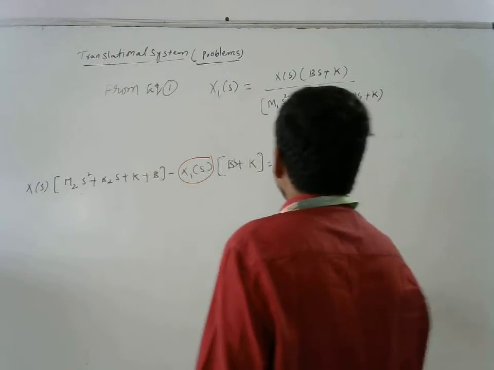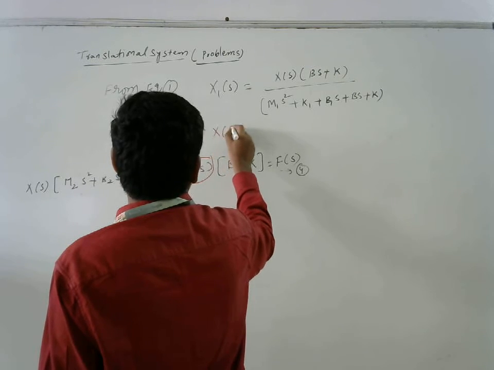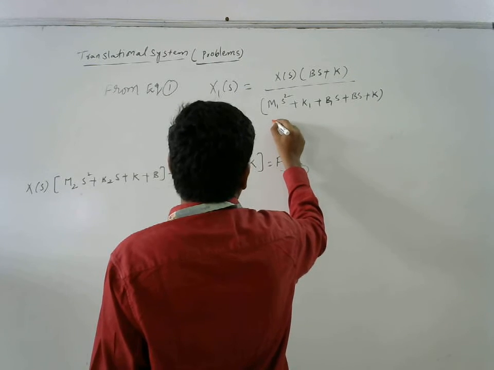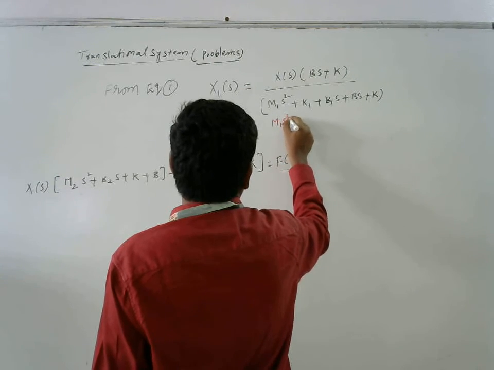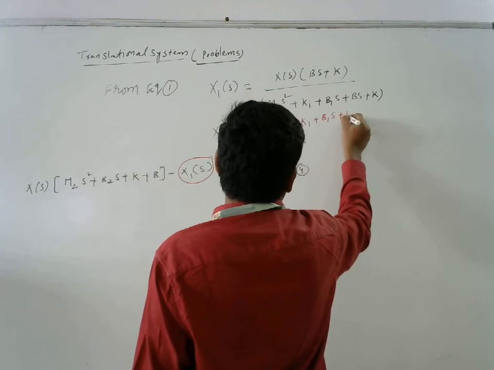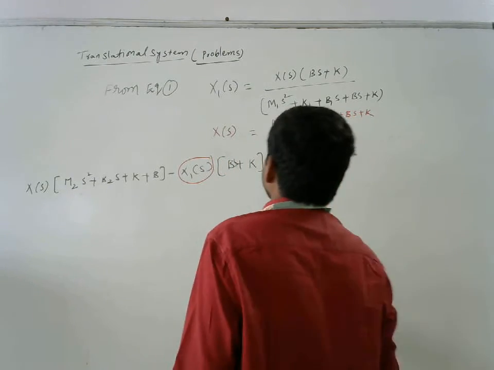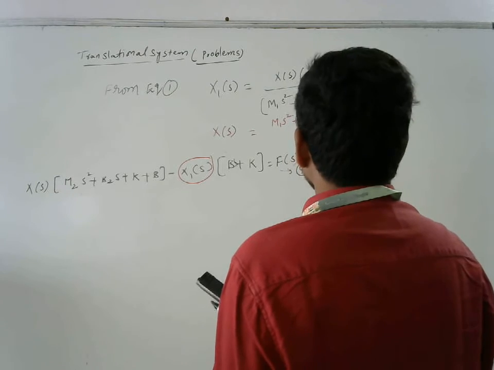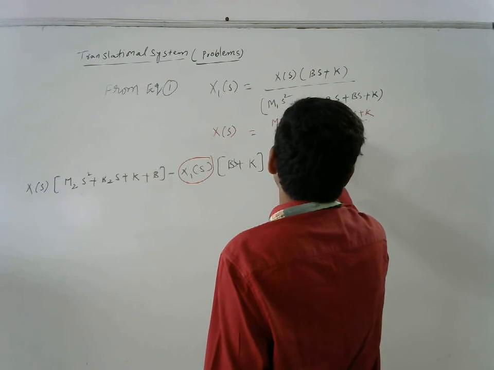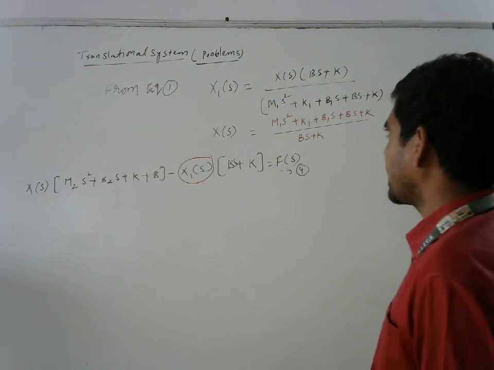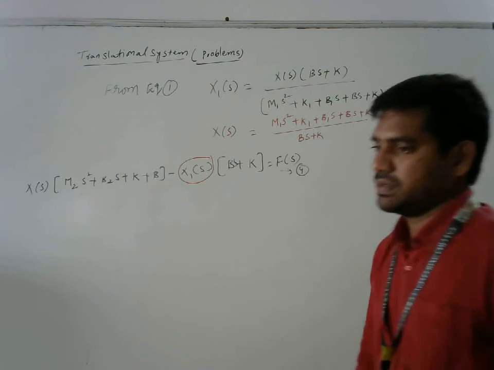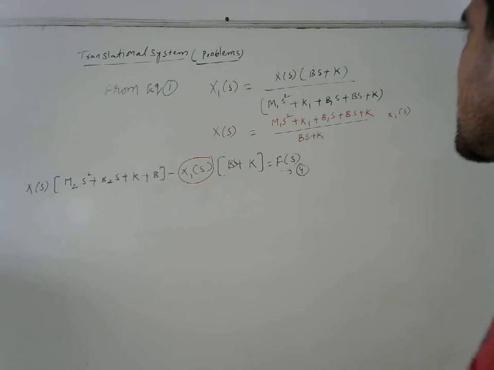From this equation, we can write what the x of s value is. X of s is equal to m1 s square plus k1 plus b1s plus bs plus k, whole divided by bs plus k, into x1 of s, just interchanged.